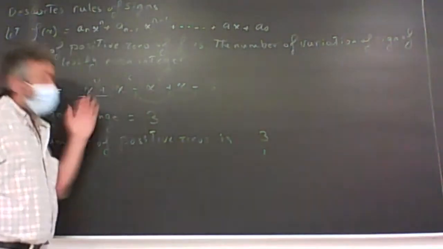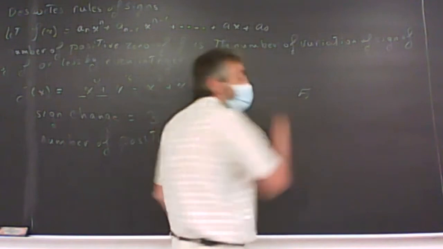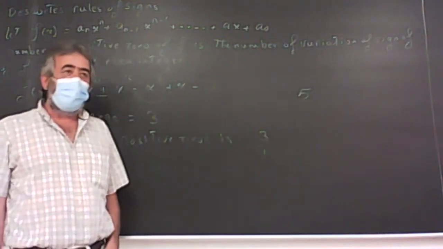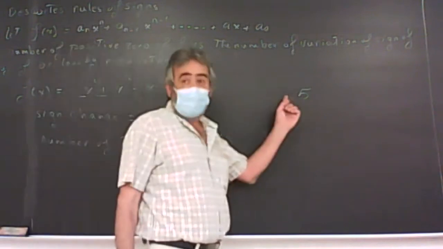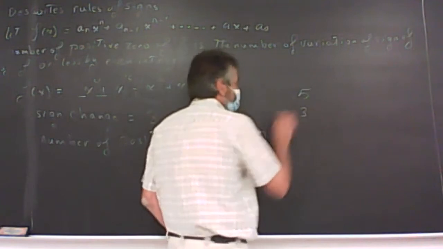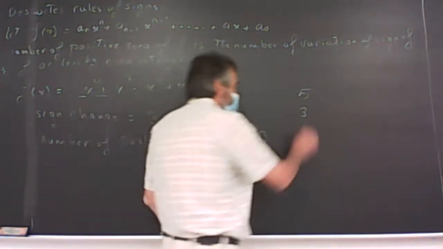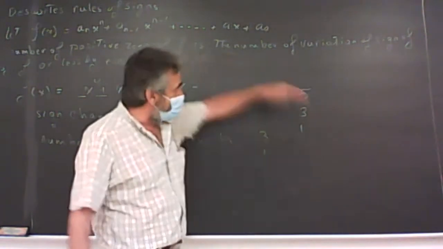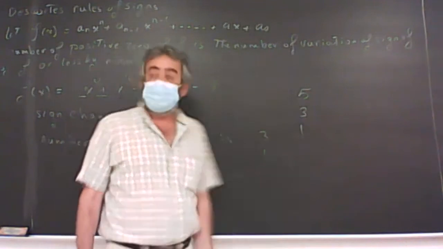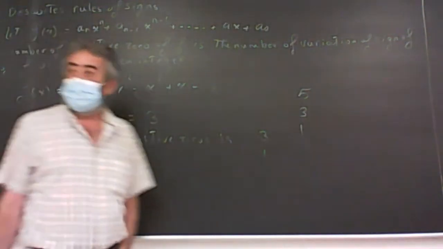So no matter what, if we end up, say, with 5 variations of signs, then the polynomial would have at most 5 positive answers, or it could be 3, or it could have 1. So those are the possible positive answers for a polynomial that has 5 changes in its sign.